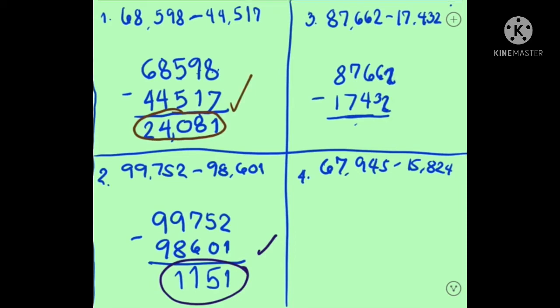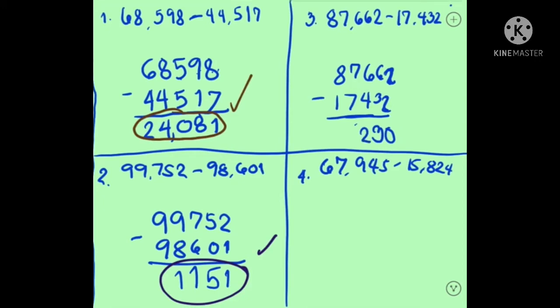What is 2 minus 2? 2 minus 2 is 0. Of course, they are the same. 6 minus 3. 6 minus 3 is 3, correct? 6 minus 4 is 2. Very good.